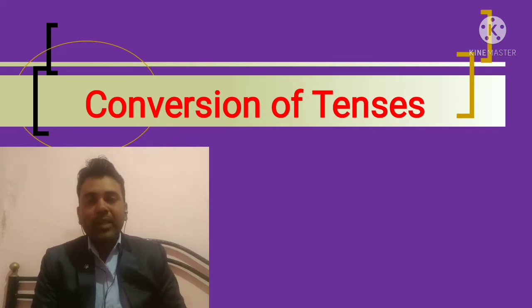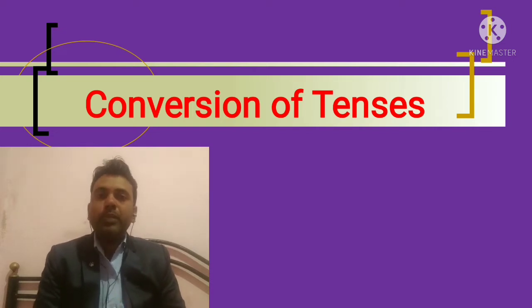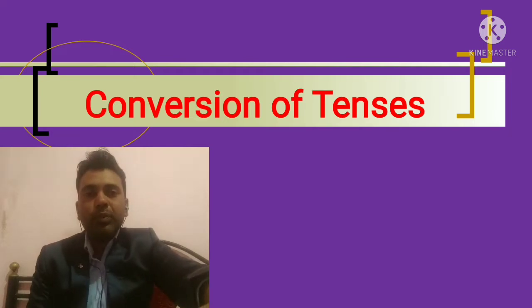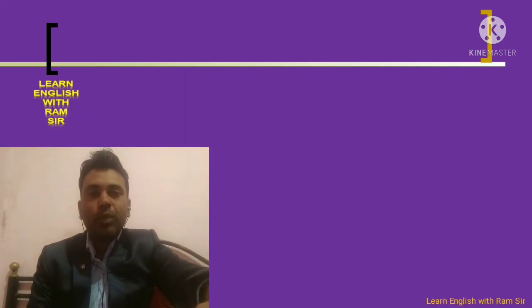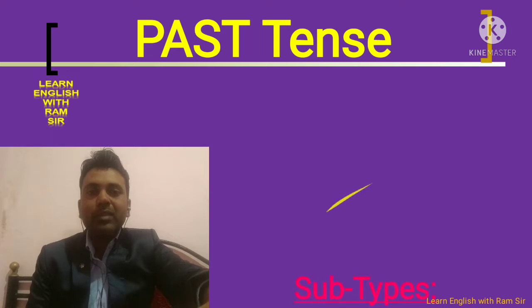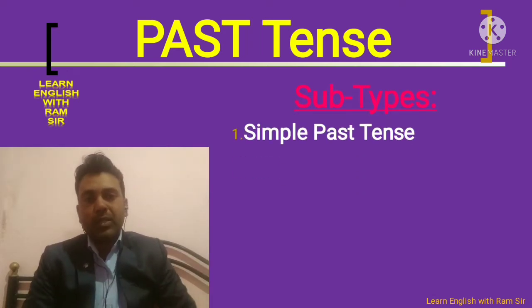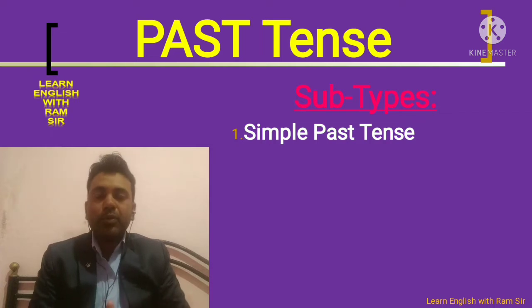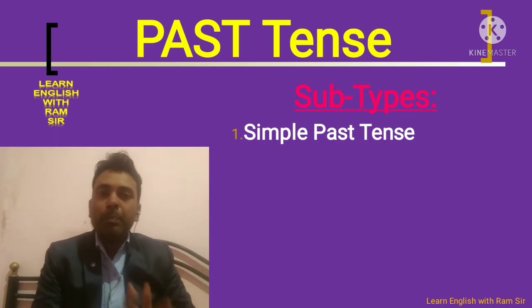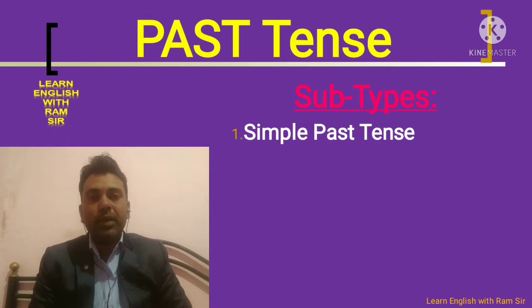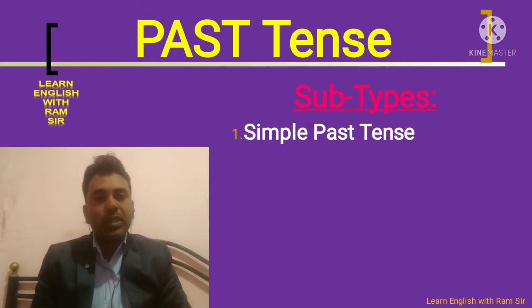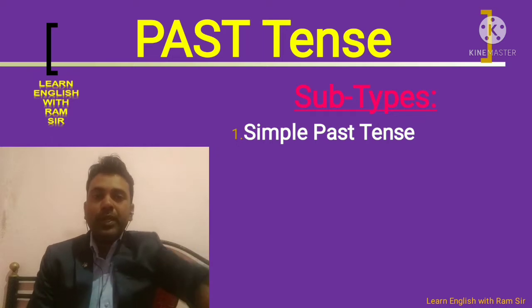So as you know, in this particular session, we are going to deal with conversion as well. First of all, let me clarify that we are going to deal with the four important parts of the past tense. And these four parts are, the first one, simple past tense, because many times we need to use simple past tense to communicate our ideas or our experiences which were in the past.